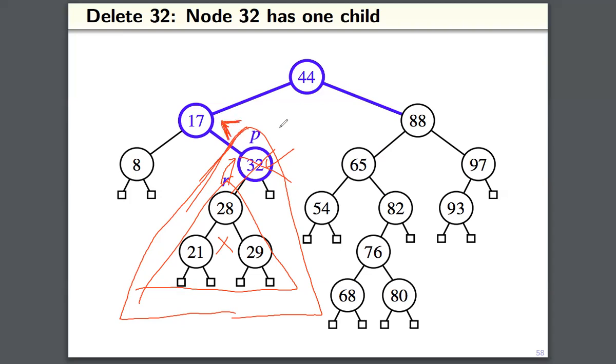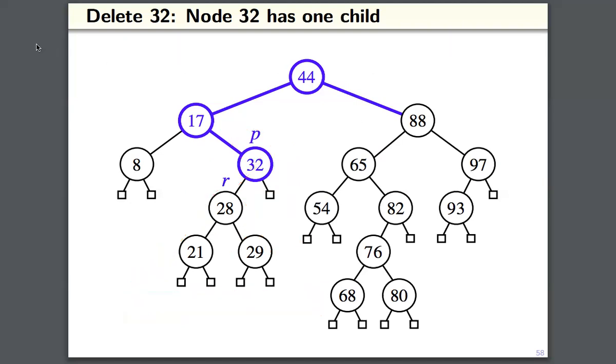So the BST property is still maintained. Make sense? So you can easily delete a node that has only 1 non-empty subtree. If the other is empty, then it is easy.